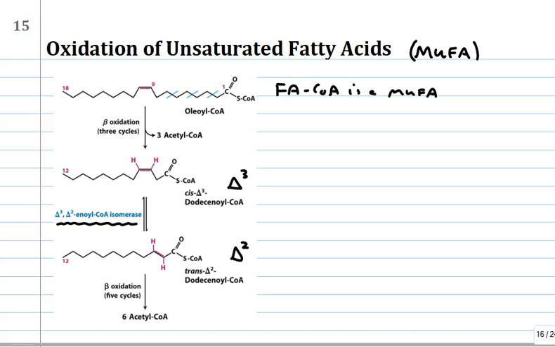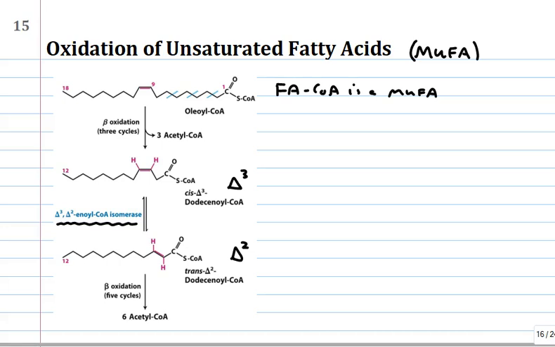You're still going to knock off these 2 carbon units. But there's one extra step that has to occur to account for the fact that naturally occurring MUFAs have cis double bonds instead of trans, right? Cis is the normal double bond configuration. So you get this cis delta 3 intermediate temporarily. We have an enzyme that converts it to a trans delta 2.